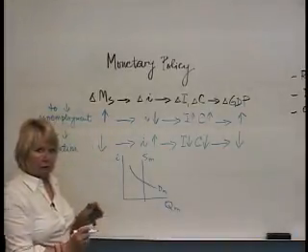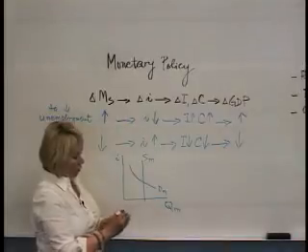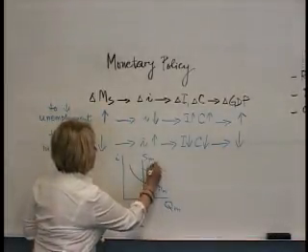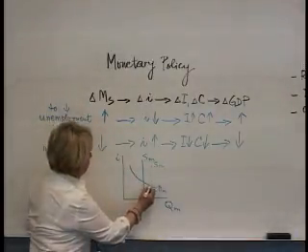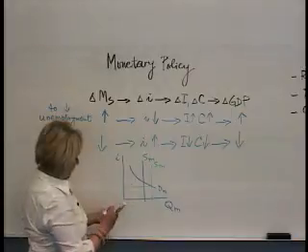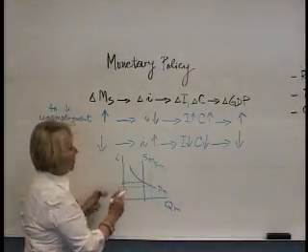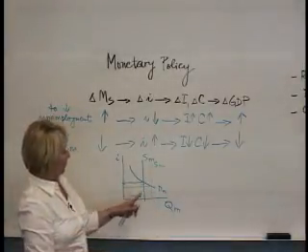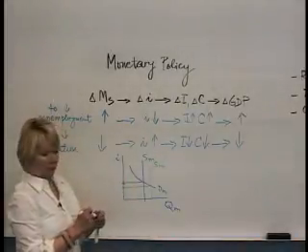So if the Federal Reserve was to increase the amount of money, we're going to move to the right. This will be your next supply of money, and that will give you a lower interest rate as compared to the original interest rate that you had before we increased the money supply. And also backwards. If the money supply was to be reduced, then interest rates would be going up.